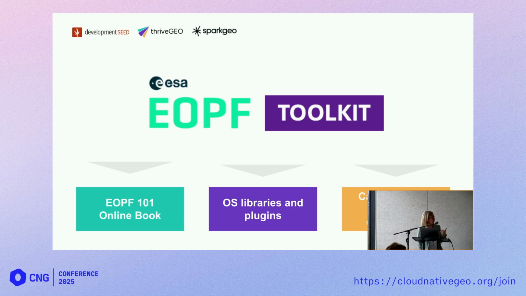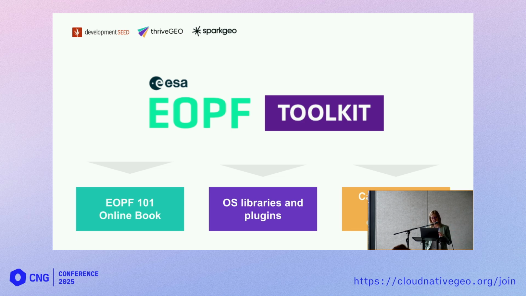The first building block will be that we will release an online book which is called EOPF 101, and this is specifically aimed at people who don't know a lot about anything related to cloud native or cloud optimization or Zarr. So this online book will consist of Jupyter notebooks with really practical workflows, but also introduction chapters that inform you about why we actually talk about Zarr, what the advantage of Zarr is, why we talk about the EOPF and the processing framework.